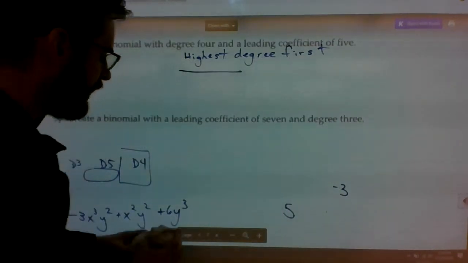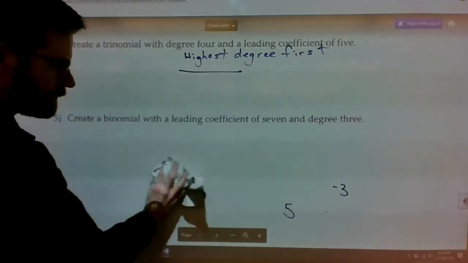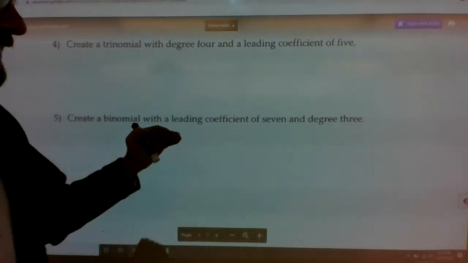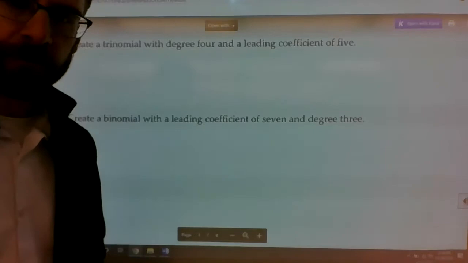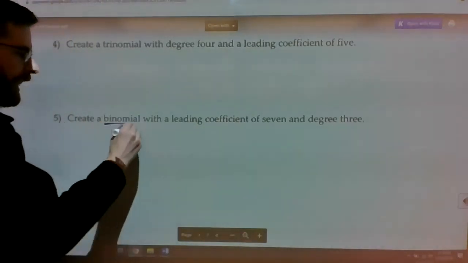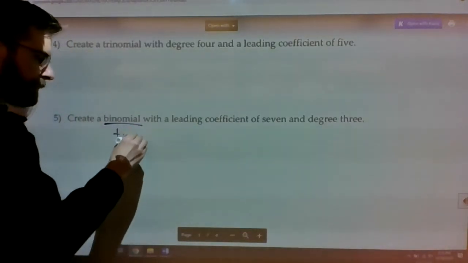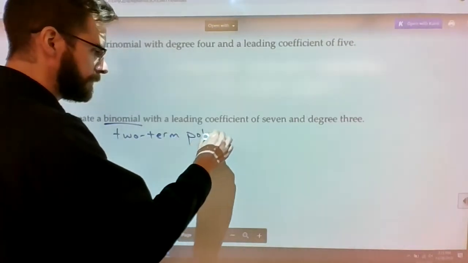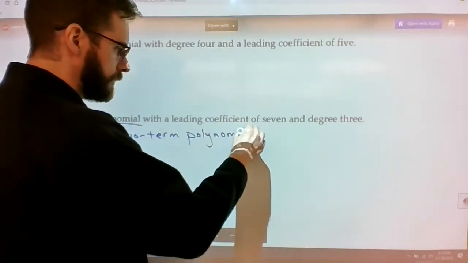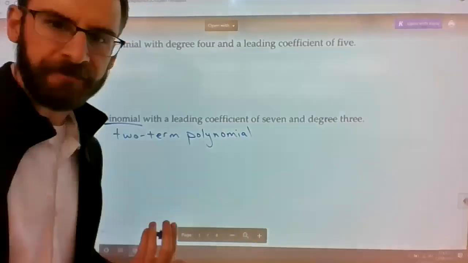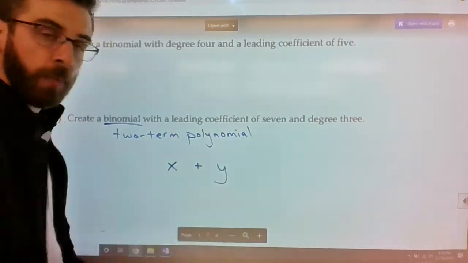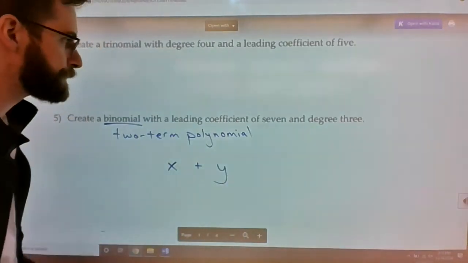Let's check out number 5. Number 5 says create a binomial with a leading coefficient of 7 and a degree of 3. Well, a binomial means a 2-term polynomial. They can't be simplified. So x plus y would be a binomial.